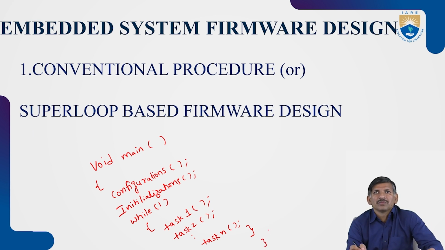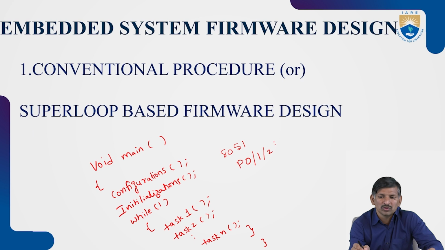So, first define the main function, then configure the various parameters, like variable names A, B, C, whatever variables we are using. Then initialize the various hardware. Suppose I am using LED blinking on the 8051. At that time, I need to initialize the port, whatever port I am using, either port 0, port 1, port 2 or port 3.